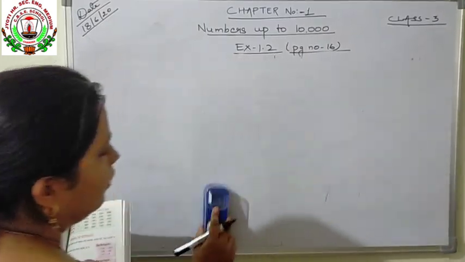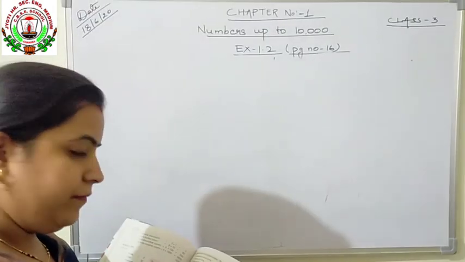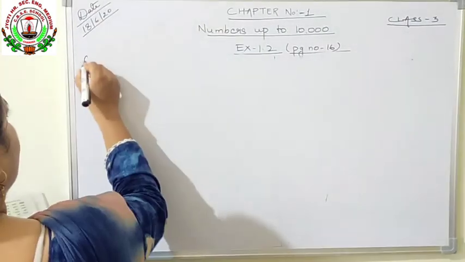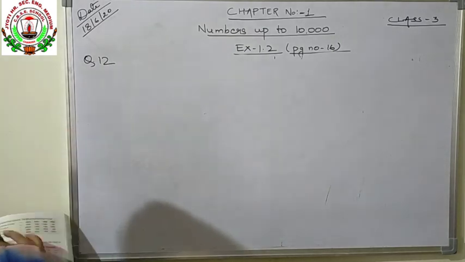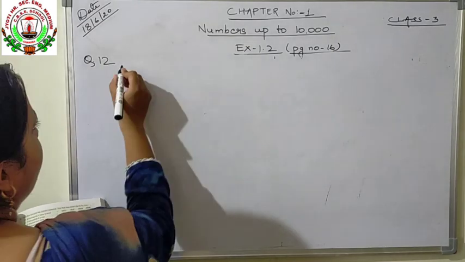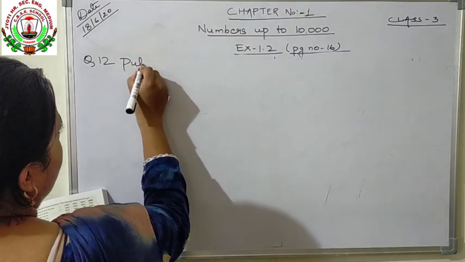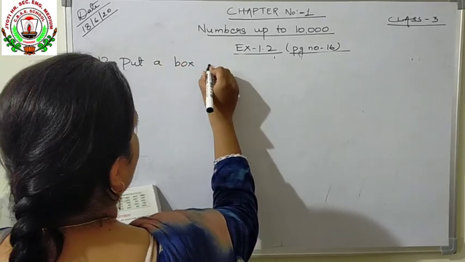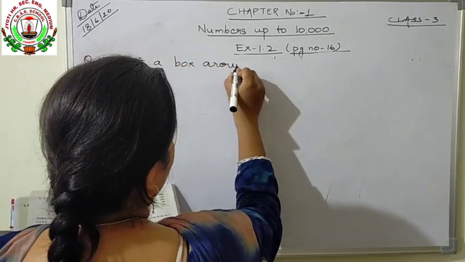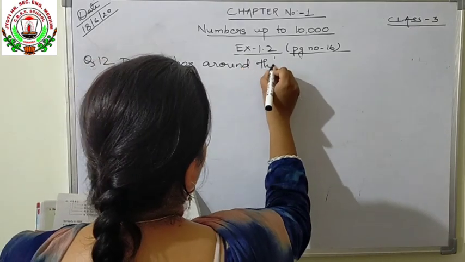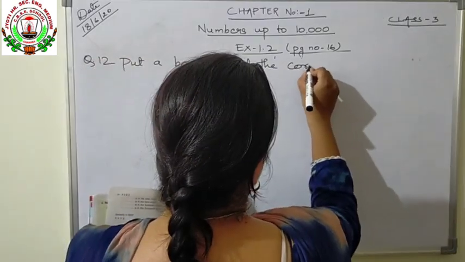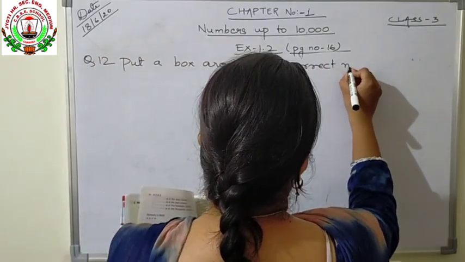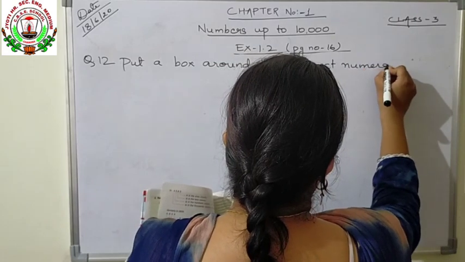Now, question number 12. What is question number 12? You have to put a box. Put a box around the correct numeral.